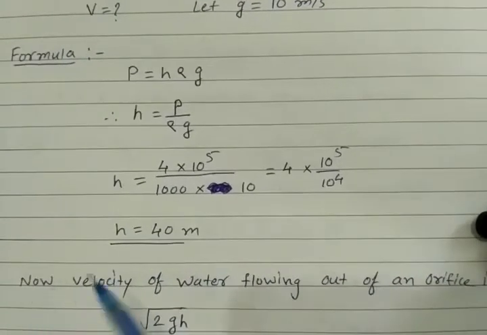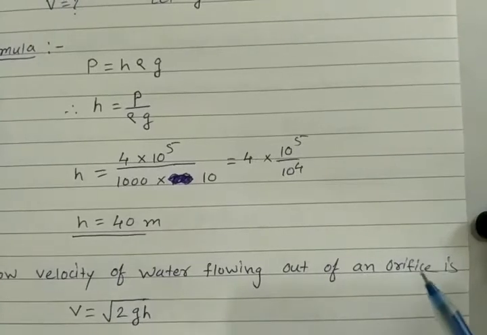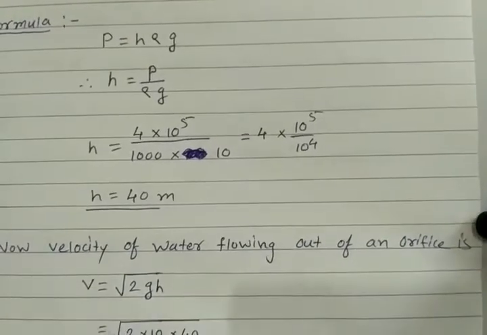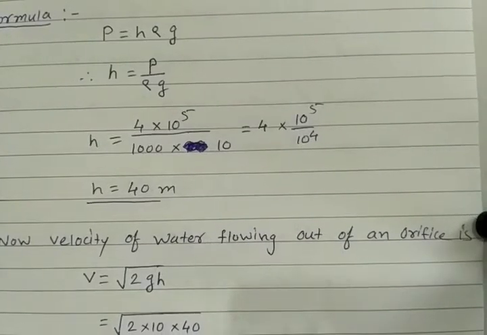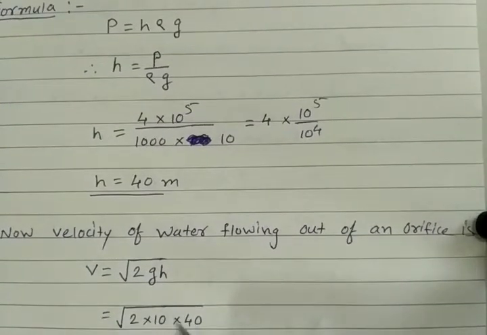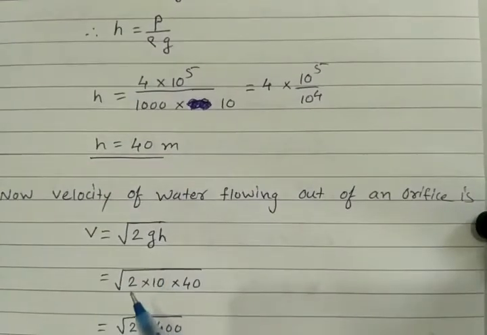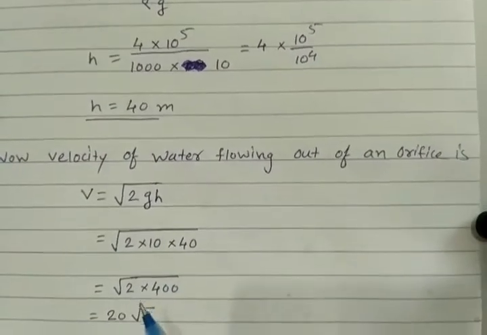Now the velocity of water flowing out of an orifice, its formula is given to be V is equal to under root 2gh from Torricelli's law of efflux. V is equal to root 2gh and therefore substituting the value of this h, 40 meter over here, again simplifying, 2 into 10 into 40 will be 2 into 400.